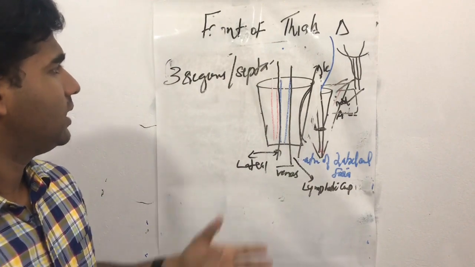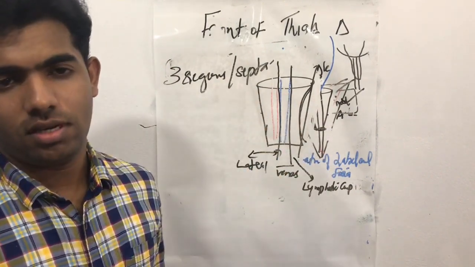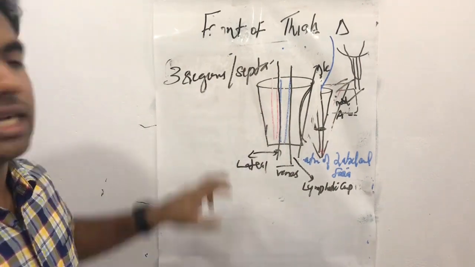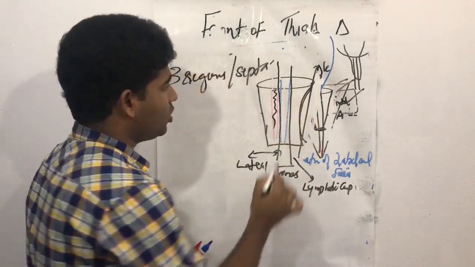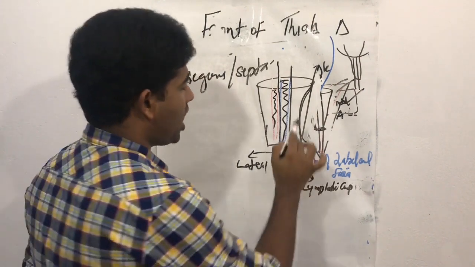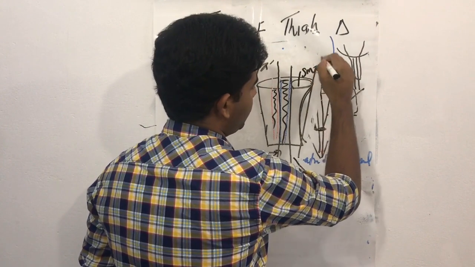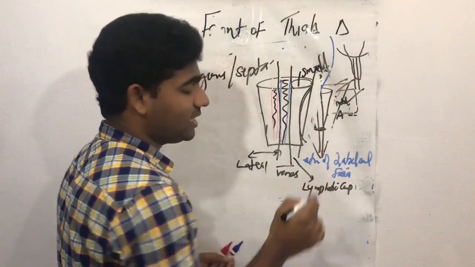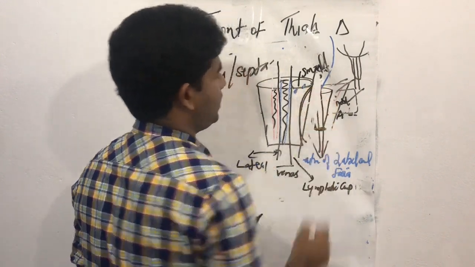The lateral compartment is known as the arterial compartment, and here you have the femoral artery. Then you have a venous compartment where you have the femoral vein. Then you have a small compartment, which is the smallest. When I draw, it becomes the largest one, but it is the smallest, and it contains the lymphatics.